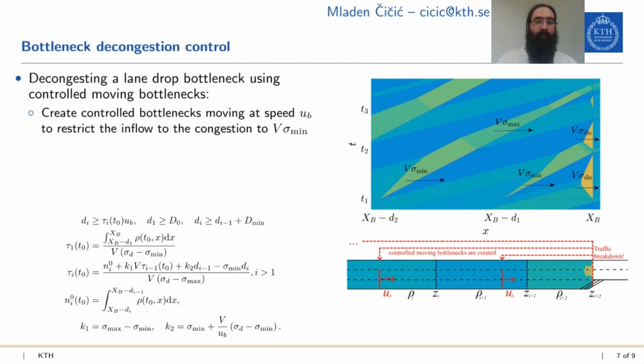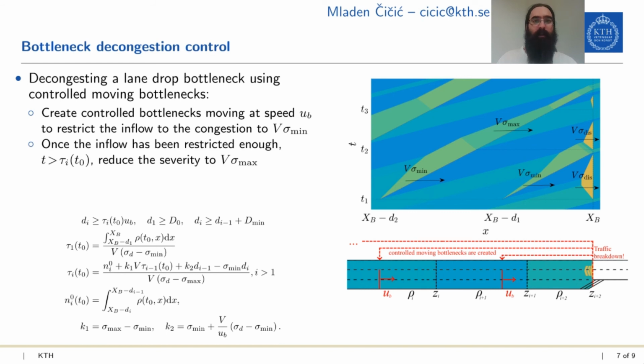So we have them dissipate this congestion by first having them take 2 lanes, which only leaves 1 lane worth of traffic to overtake them. And then, once we calculate that we have restricted the traffic flow enough and that there would be no congestion downstream of them, then we reduce the severity of these bottlenecks to have them only take 1 lane.